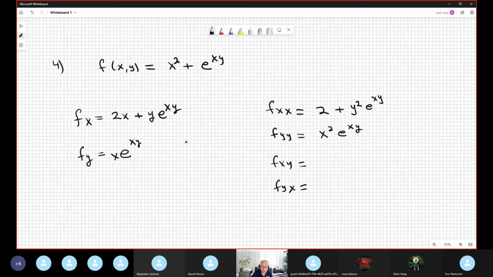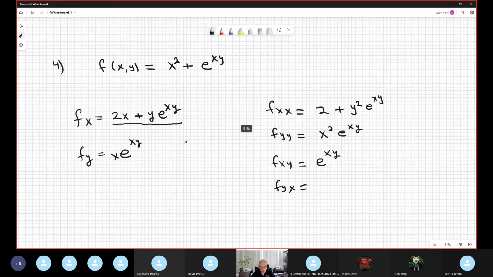Well, the other looks a little bit more complicated because you differentiate with respect to x, and now you differentiate with respect to y. Be careful because you need to apply the product rule. When you take this and differentiate with respect to y, it's obvious that the first part, 2x, is gone. You focus on the derivative of the other part with respect to y, and you apply the product rule. The derivative of y with respect to y is 1, multiplied by the exponential.